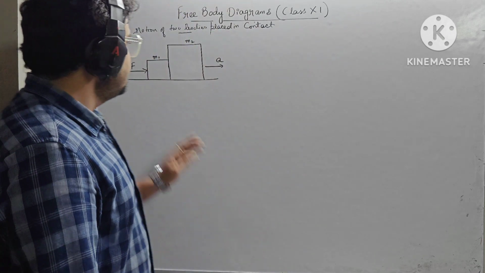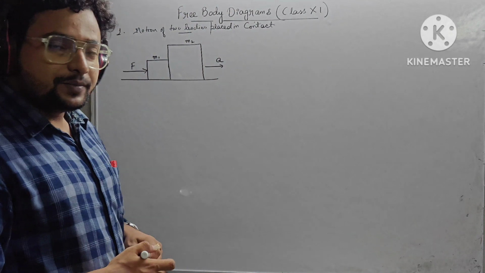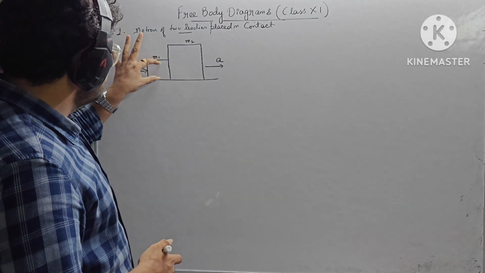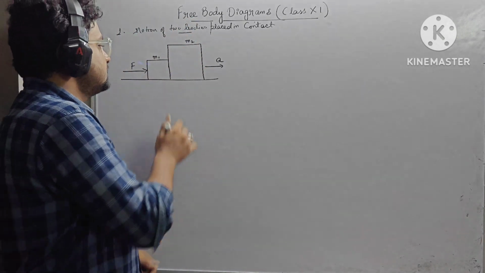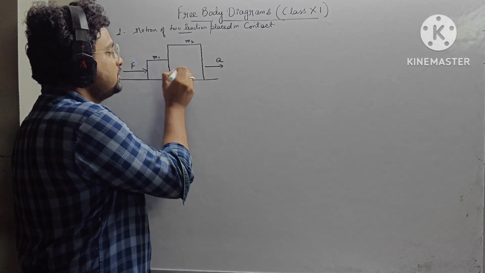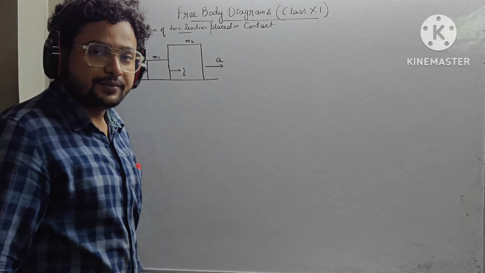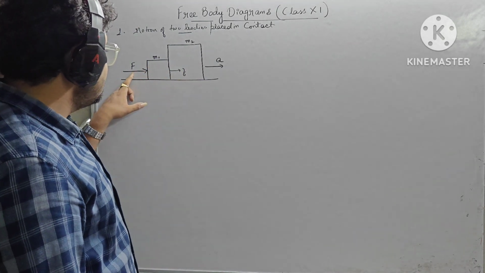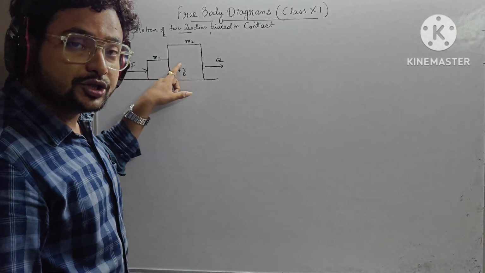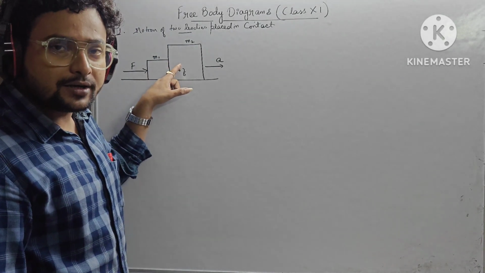Now see, when I apply force on this particular body, this body is going to push the other body. Suppose this body pushes that body with a force small f. Not necessarily if I give a force capital F to this body, it will push the other body with the same force. Might not happen.